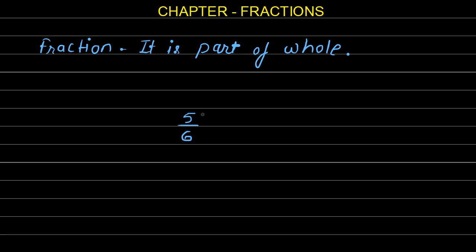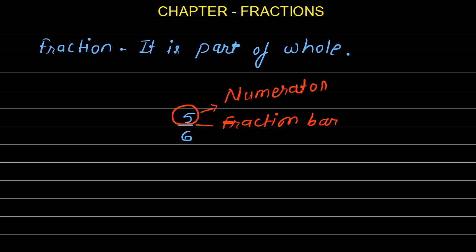First of all, let's see the terminologies. The number which we write, 5 by 6, let's just write this first. This is called the fraction bar. The number above this fraction bar is called the numerator, and the number below this fraction bar is called the denominator.